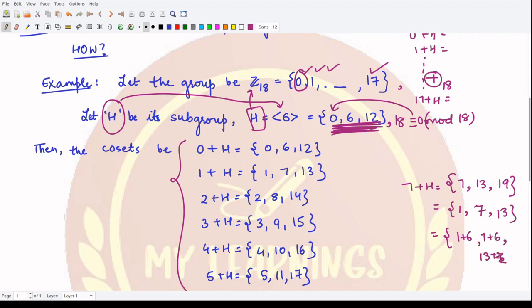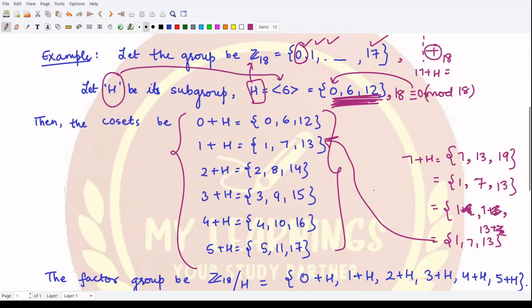So the 6s cancel, and you are left with only 1, 7 and 13, which is your 1 plus H. So you end up getting the same coset. So these are the only possible distinct cosets of H in Z18.